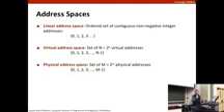A linear address space is an ordered set of contiguous non-negative integers, just 0, 1, 2, 3, 4, 5, and so on. The virtual address space is a set of N = 2^n virtual addresses. It's a linear address space. And the physical address space is a set of M = 2^m physical addresses.